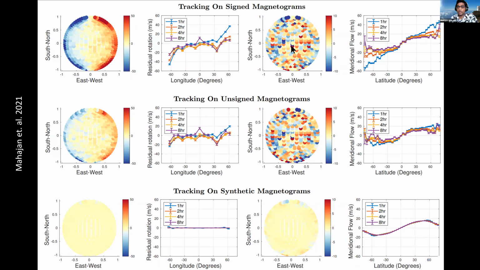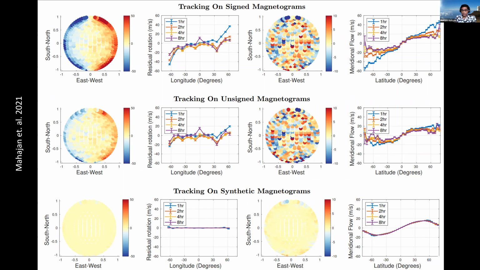In terms of meridional flow, there wasn't an east-west bias, but as we increased the lag between two successive magnetograms when we're tracking, for the shorter time lags, we got a very high meridional flow. And as we increase the time lags, the meridional flow kind of decreases and settles into this nearly sinusoidal profile.